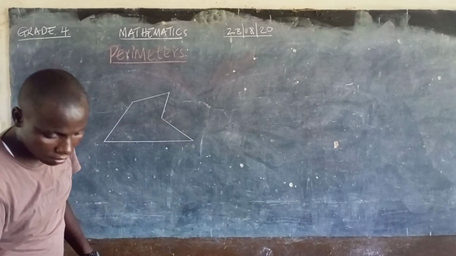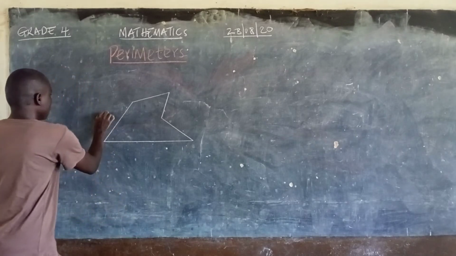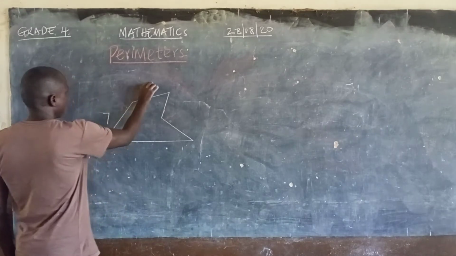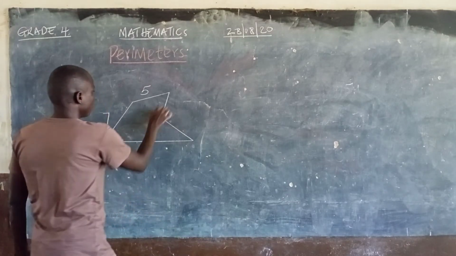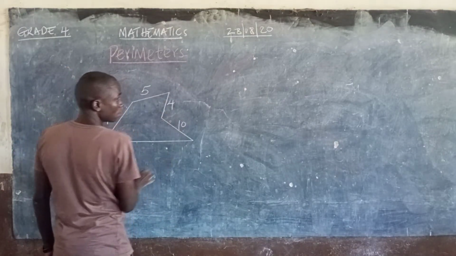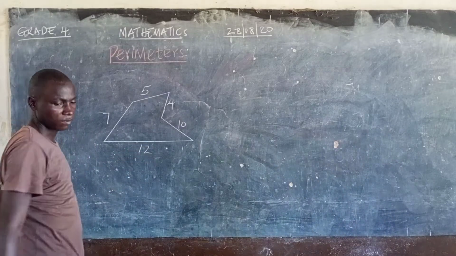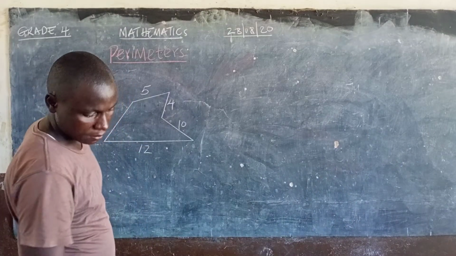Our figure is like that one, measuring here 7, 5, 4, 10, 12. These are what? Centimeters.